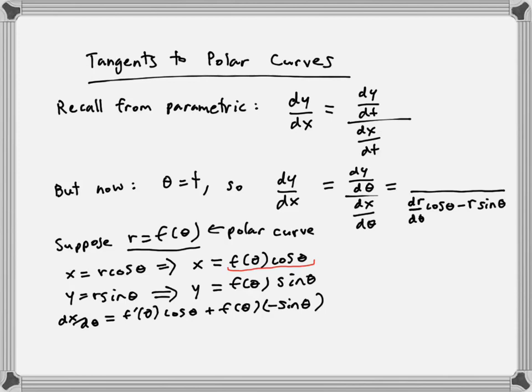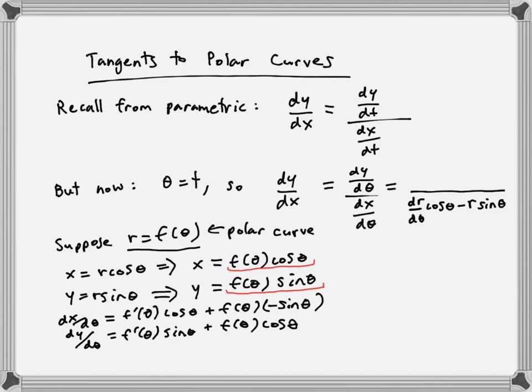Now, what would dy/d theta be? Again, we are differentiating this now. This means we're going to do the derivative of the first times the second plus the first times the derivative of the second.